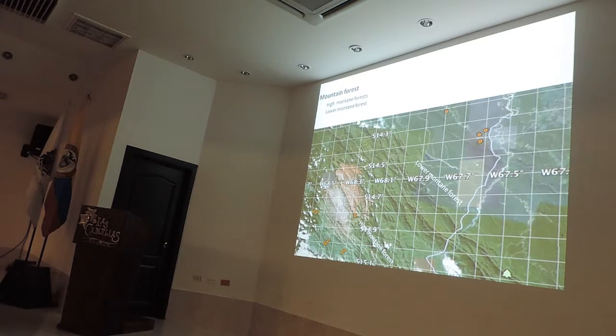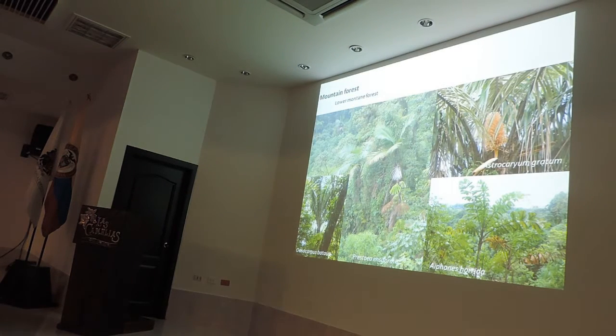But if we just want to keep it simple and look at the lower montane forest, we can see that we have many species, some of them shared with the lowlands. This Iriartea deltoidea, of course, is very abundant in the lowlands also, but then we have the lower montane forest species such as Socratea and Euterpe precatoria, which also go out into the lowlands but are mostly associated with this lower mountain.